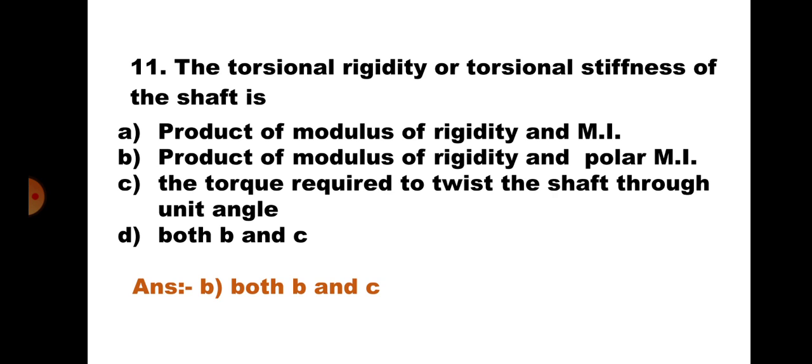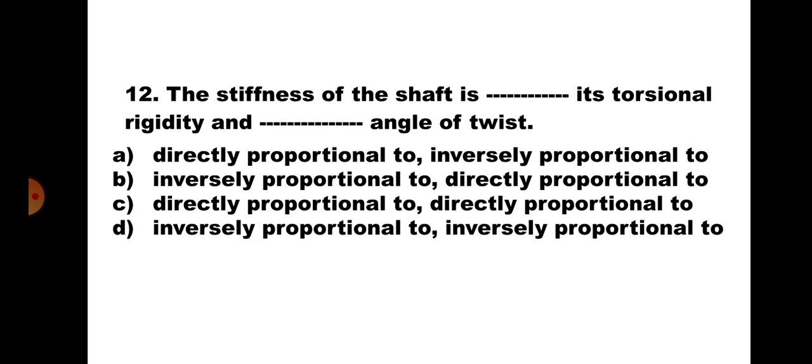Question number 12. The stiffness of shaft is dash dash dash its torsional rigidity and dash dash dash angle of twist. A. directly proportional to, inversely proportional to. B. inversely proportional to, directly proportional to.